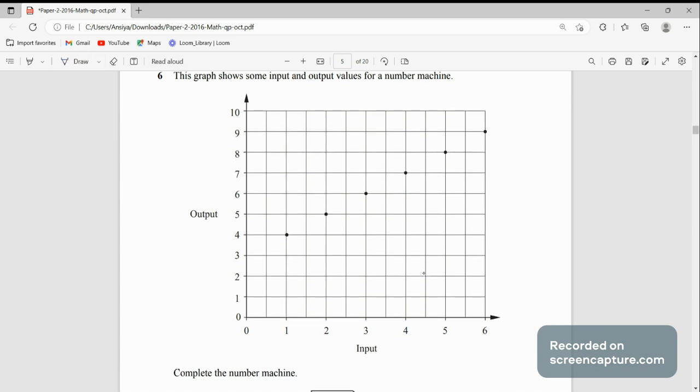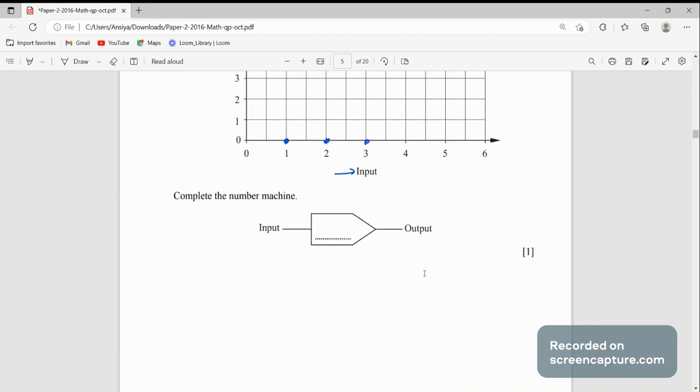So you can see input is on the x axis, and the y axis shows the output. For example, if we give 1, we get 4. If we give 2, we get 5. If we give 3, we get 6. Hope it is clear. Now we will see what the real question is.